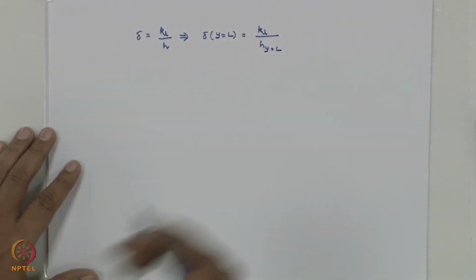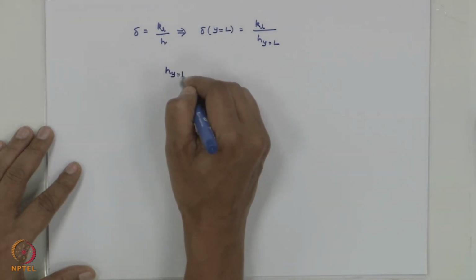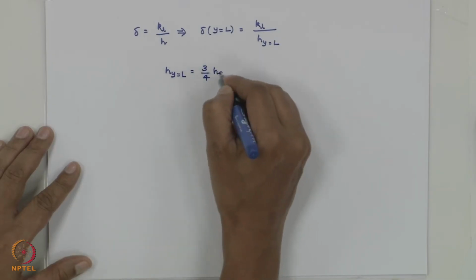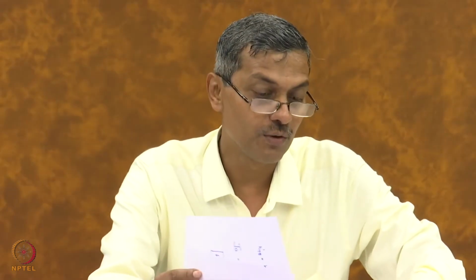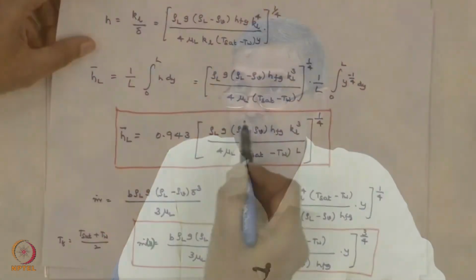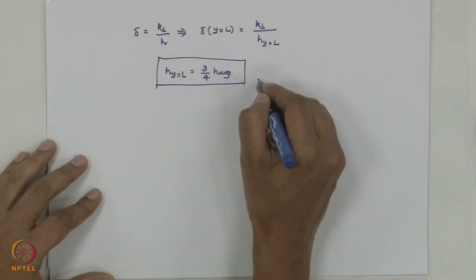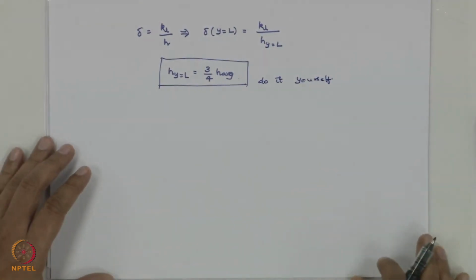But only one small integration I am not doing, I am directly taking h at y equal to L equal to 3 by 4 h average. If you just see this equation which we have derived, the h equation, h dy, from this equation you can derive h at y equal to L. So that one small step, do it yourself. That's an exercise I am leaving for you.